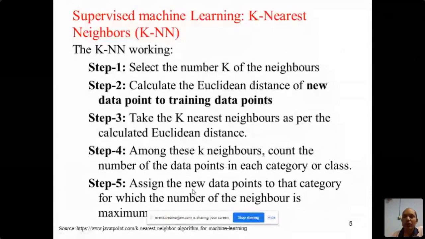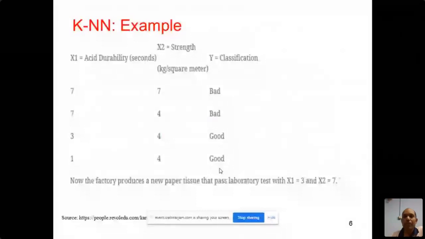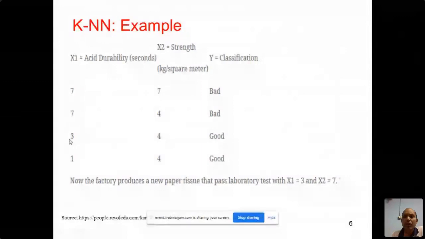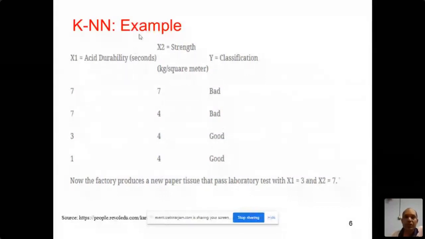Now let us discuss an example. Suppose you have a factory in which you are producing tissue paper. We have 4 data points according to the history. Here the tissue paper has 2 features.